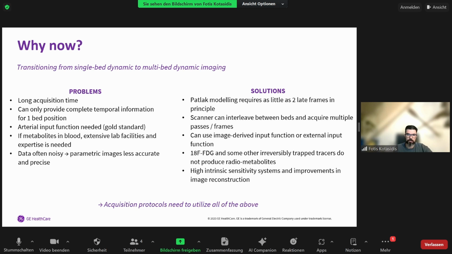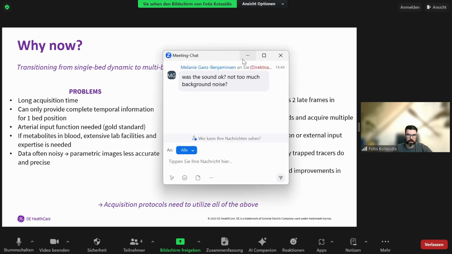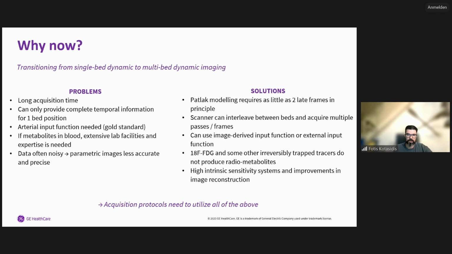And we can scan multiple beds, or with total body systems, you can have one bed in the field of view. So these kinetic models become easier to implement in our products. Patlak is a relatively easy model and a natural beginning, especially for FDG.